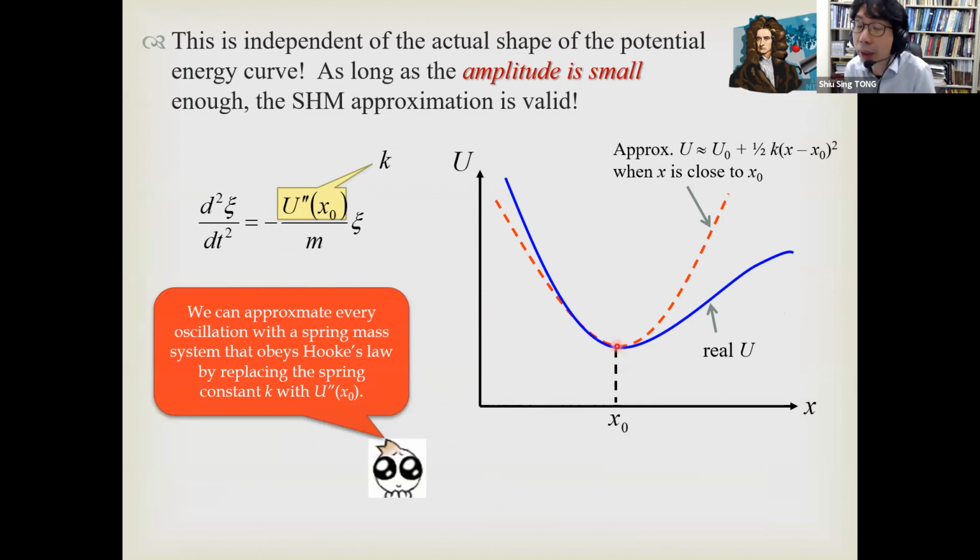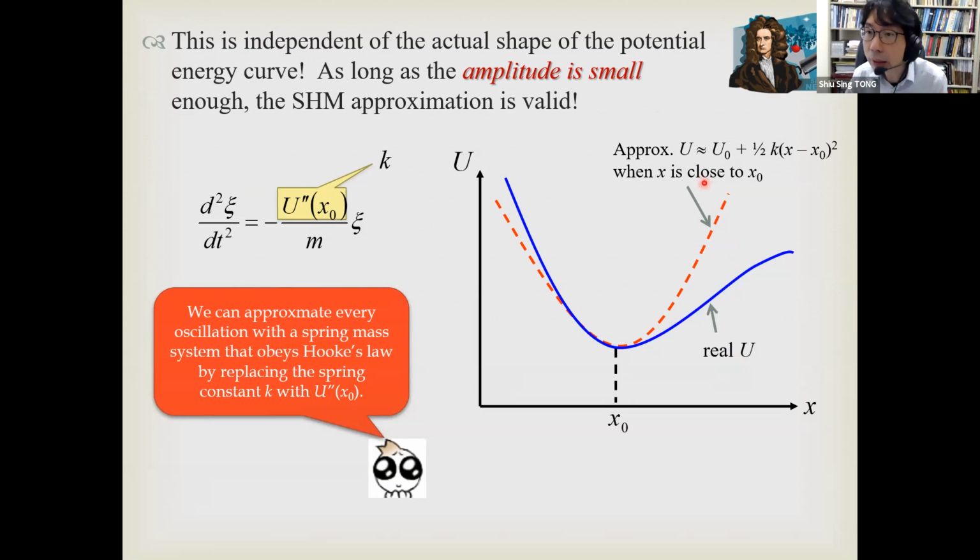In general, the potential energy curve may be complicated, right? It may be rising up and down in a very complicated way, and it may not be symmetric. For example, this side may be flatter and this side may be steeper. We don't know its actual shape. So the blue curve in this graph represents the real U. This is the real potential energy.